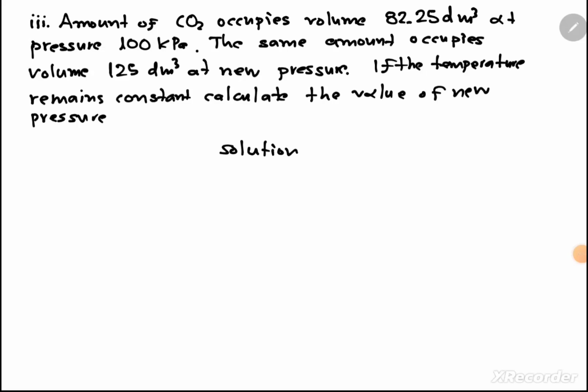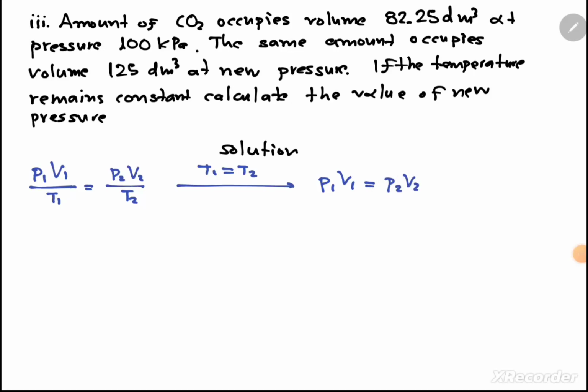We have two conditions for the same amount of the gas, so we use the combined gas law. And we have also the same temperature, so we have the equation. And for the first condition, we have the pressure and the volume.